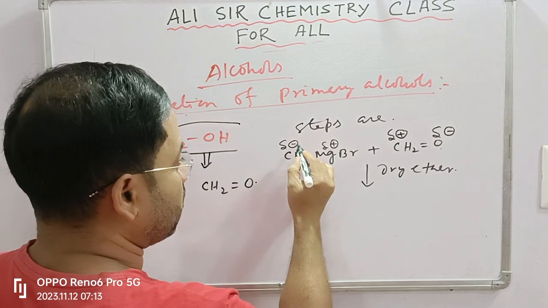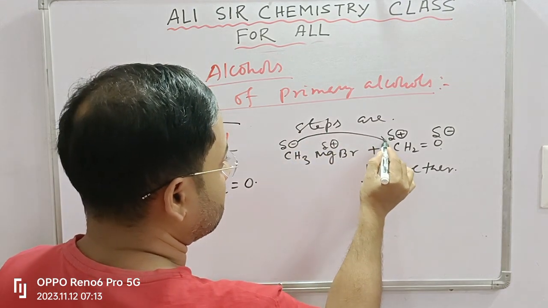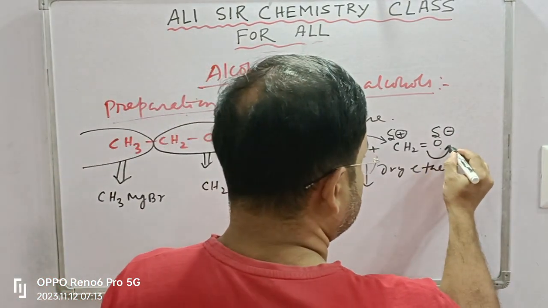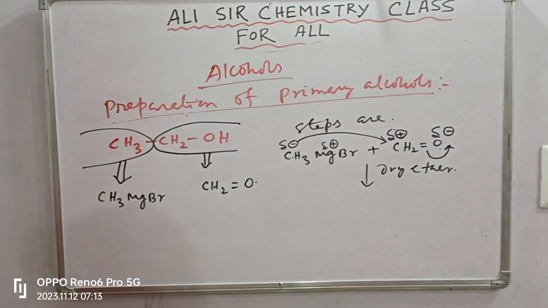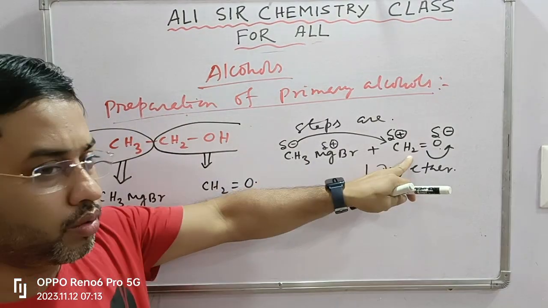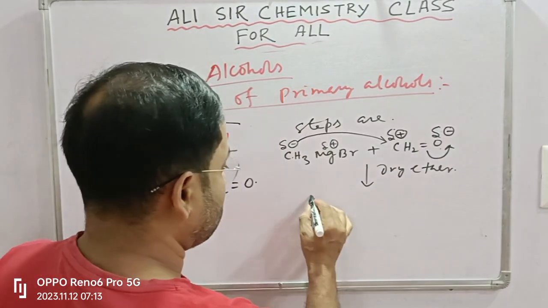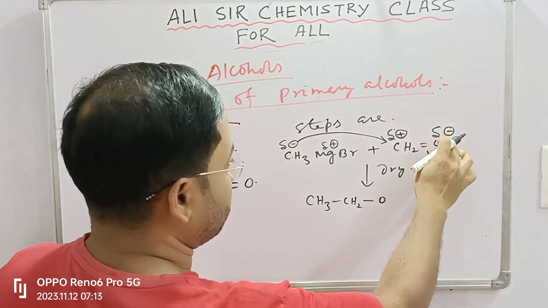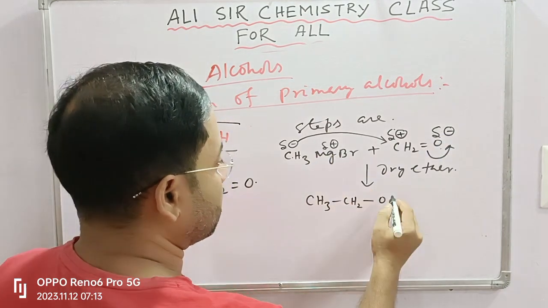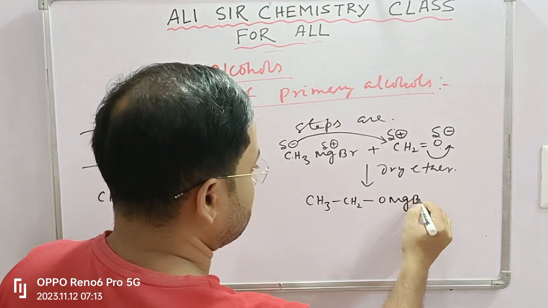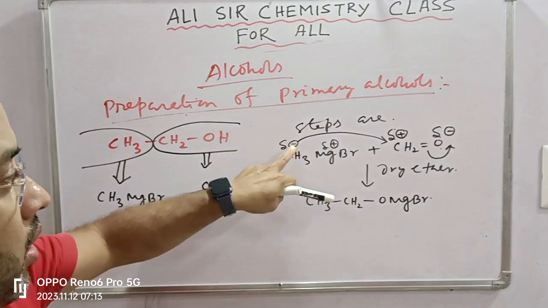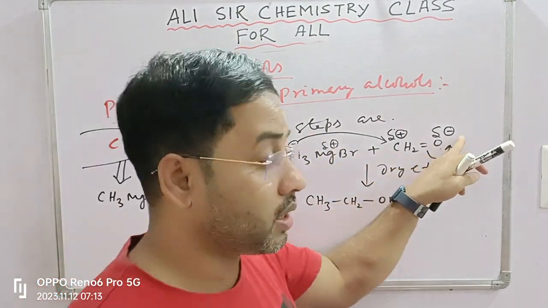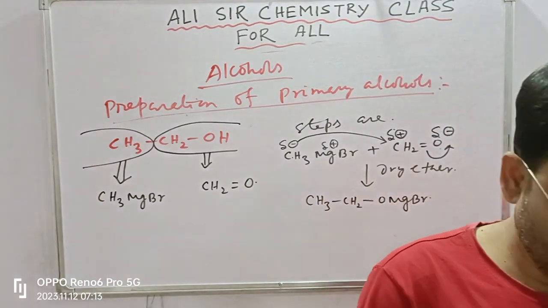So this carbon will attract here. You see this is delta positive and this is delta negative, and the pi bond is opening. So what is happening here? This CH3 group is attached with this CH2 group. That means we'll get CH3CH2O, it will become minus, and MgBr will attach here. So we'll get OMgBr. This is a very simple way. Delta negative will attach to delta positive and this delta positive attaches to this delta negative center. So we'll get the compound.